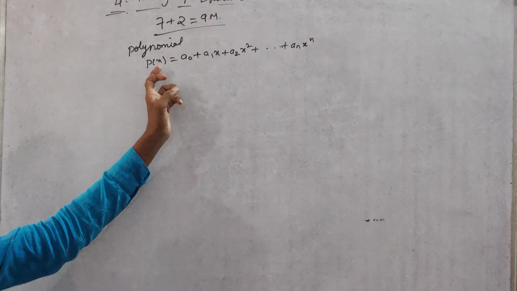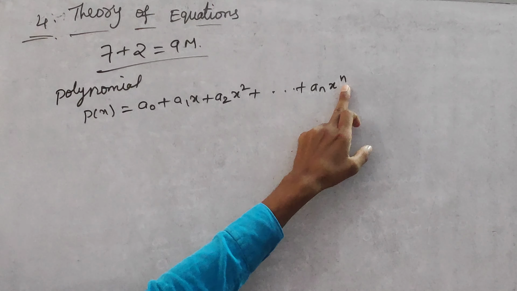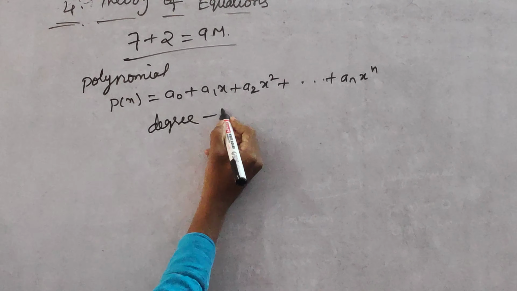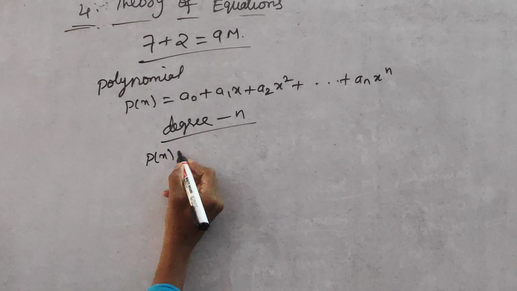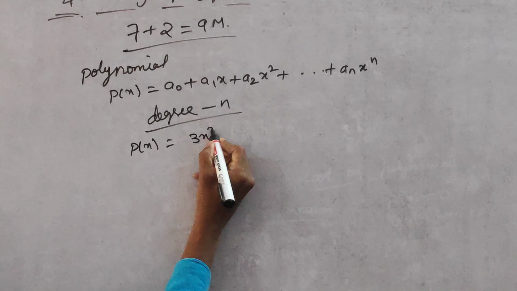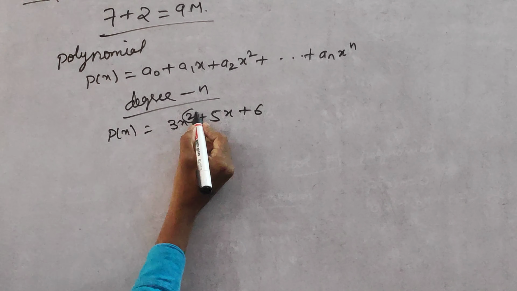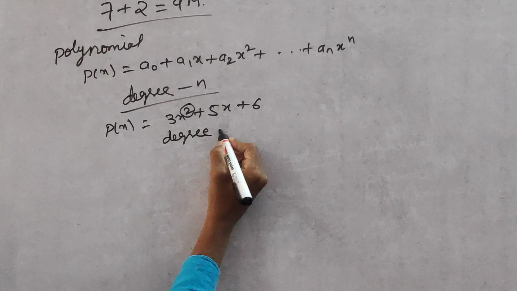This is a polynomial with degree n. The highest power of the polynomial is the degree. So what is the degree of this polynomial? n. Degree means highest power. For example, P of x is equal to 3x square plus 5x plus 6. What is the highest power? 2. So degree is 2.